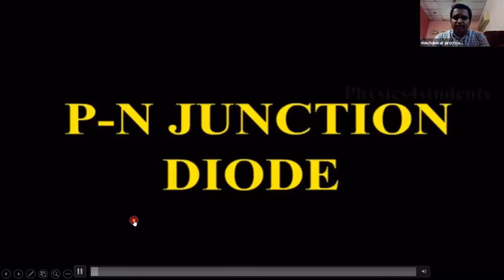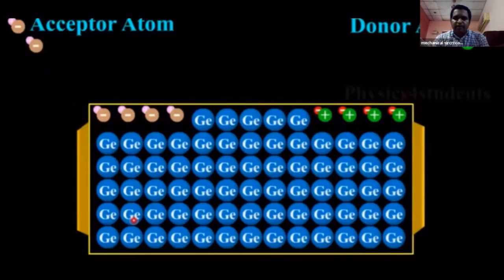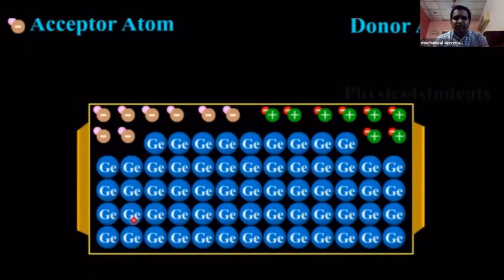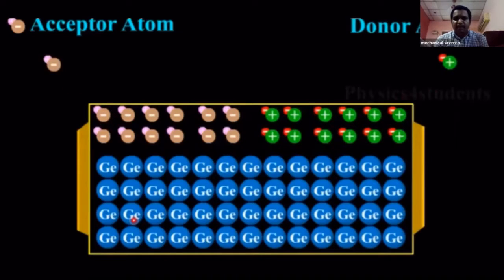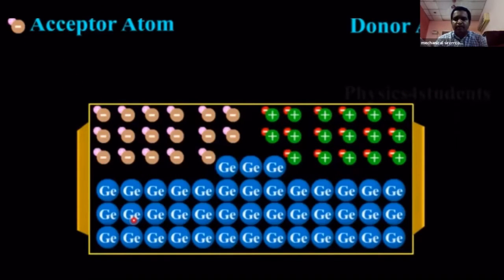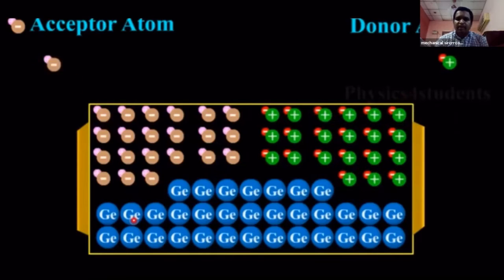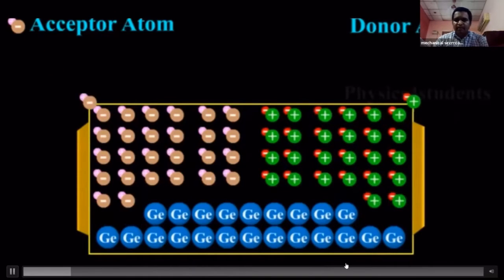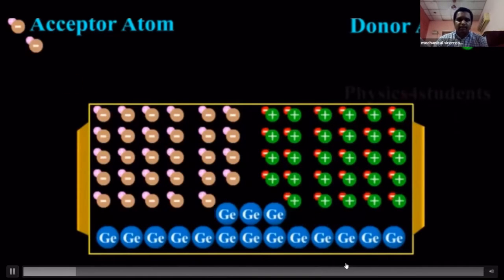You know p-n junction, how to make a p-n junction? It is just the interface between the p-type semiconductor and the n-type semiconductor. If you join these two semiconductors, it forms a junction. The junction is called the p-n junction.